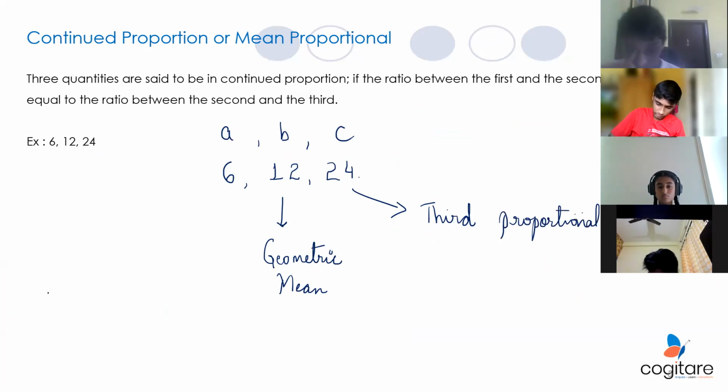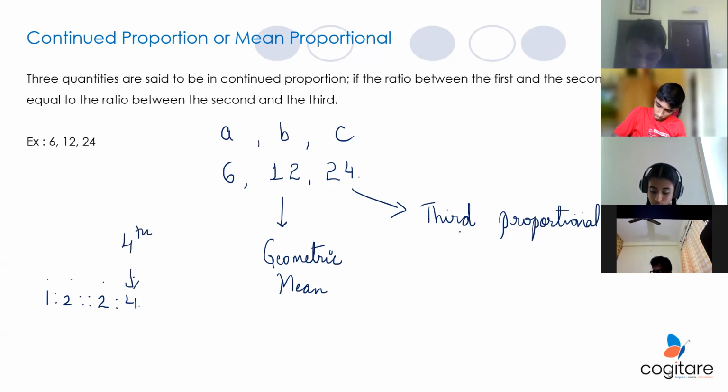Because when I have 1:2 is as 2:4, in this case, this is first, second, third, fourth proportional, right? In continued proportion, the last term is called third proportional and the middle term is called the geometric mean.